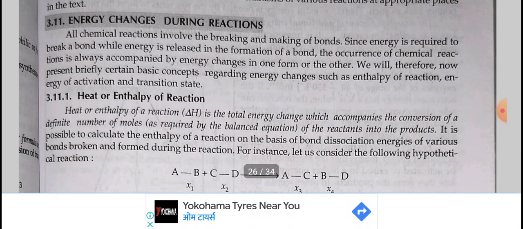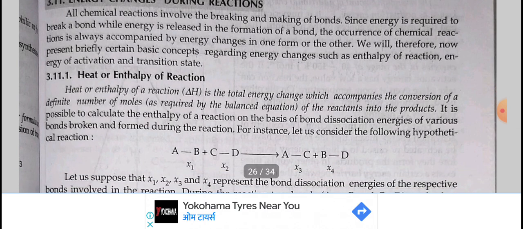Energy changes during reactions. All chemical reactions involve the breaking and making of bonds, since energy is required to break a bond while energy is released in the formation of a bond. The occurrence of chemical reactions is always accompanied by energy changes from one form to another. We will therefore now present briefly certain basic concepts regarding energy changes, such as enthalpy of reaction, energy of activation and transition state.